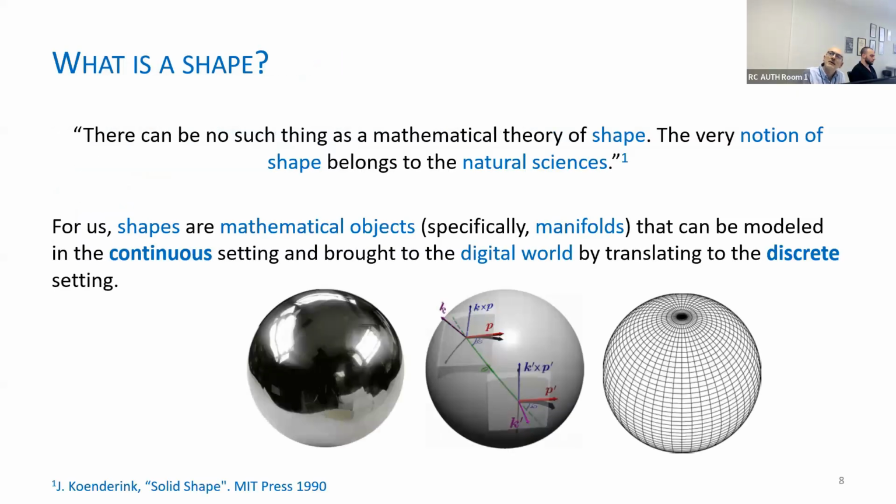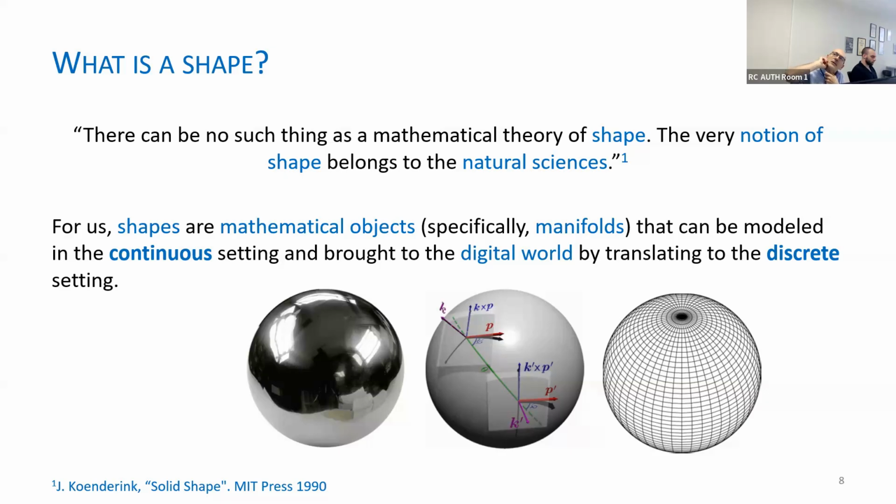So here we started talking about shape, because shape is something that we know. In this context, the shape refers to basically a natural object or fabricated object that we can manage in the 3D space.